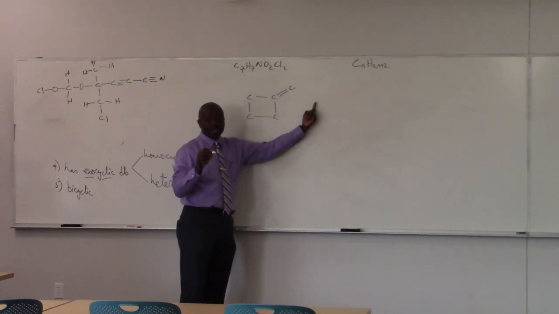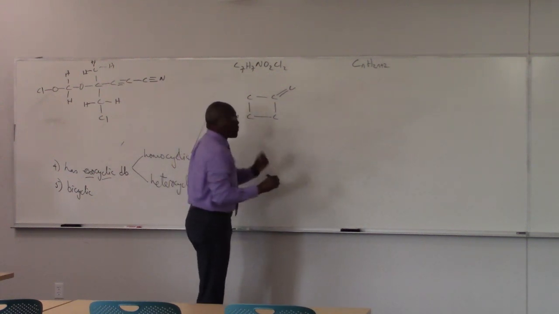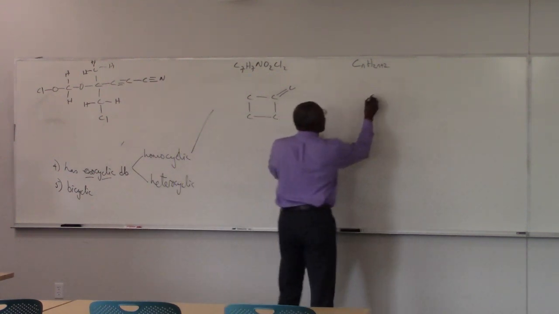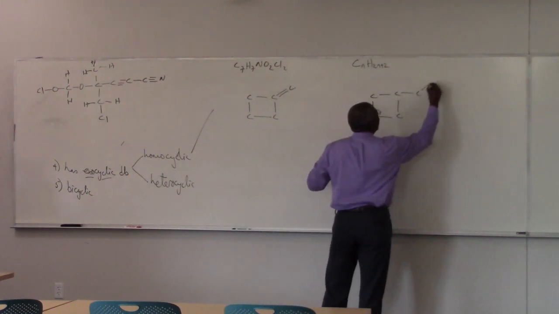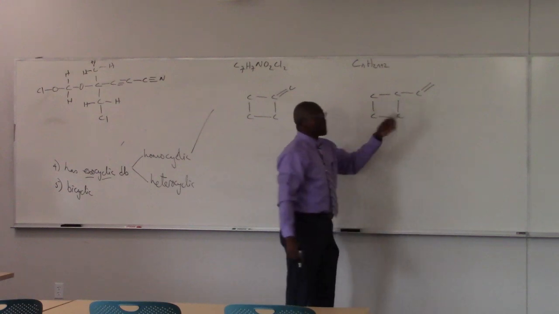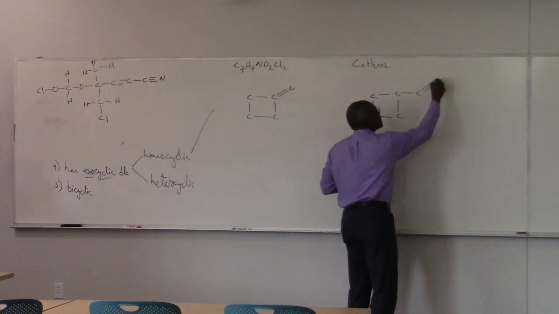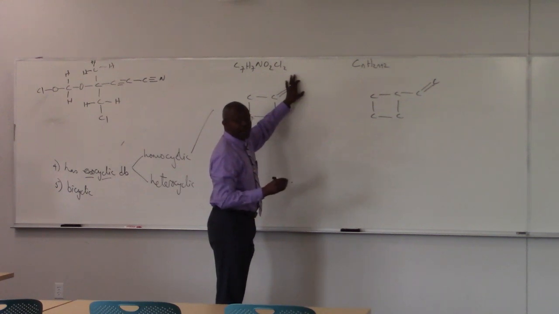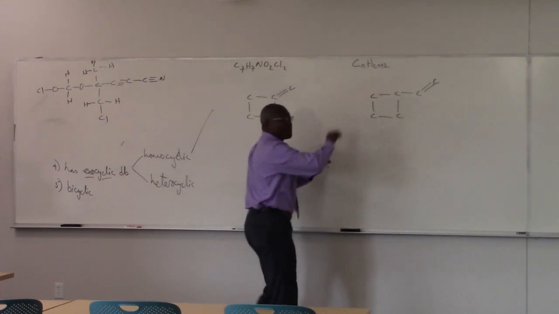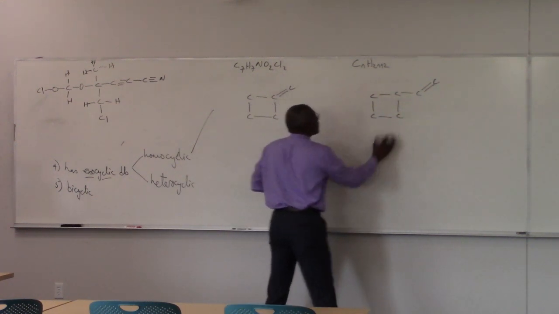That's what exocyclic means. Now, this is very important. If I have a ring that looks like this, and I have carbon and then a double bond here, that's not considered exocyclic. Exocyclic means you're coming off the body of the ring. You're not an appendage, you're coming off the body of the ring.